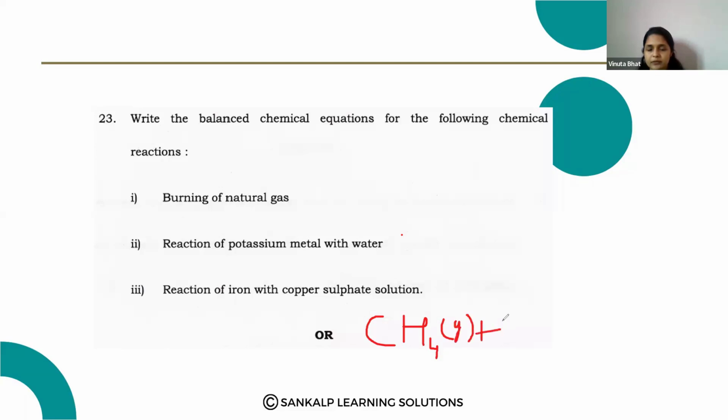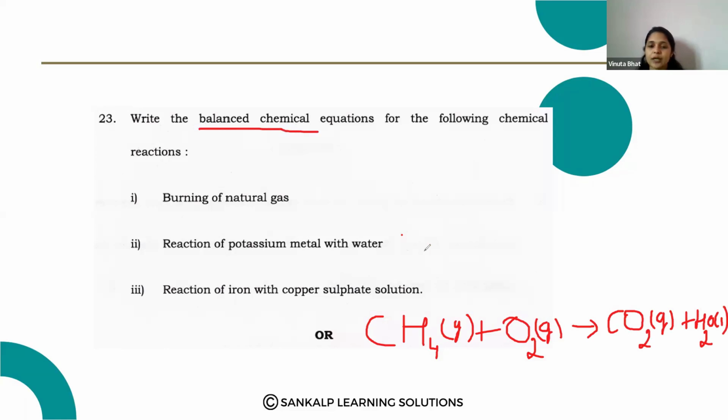When it reacts with the oxygen, it forms carbon dioxide, that is gas, plus water, that is liquid. Okay. So you have to balance here, balanced chemical equation. They ask to write the balanced chemical equation.